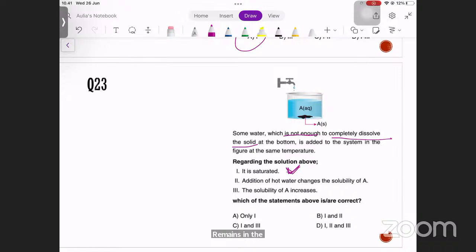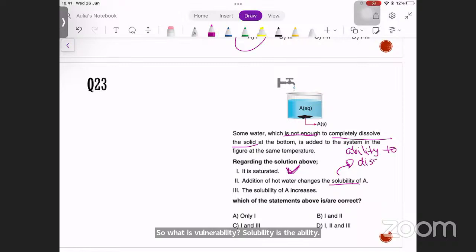Statement number two: addition of hot water changes the solubility of A. So what is solubility? Solubility is the ability to dissolve in water.